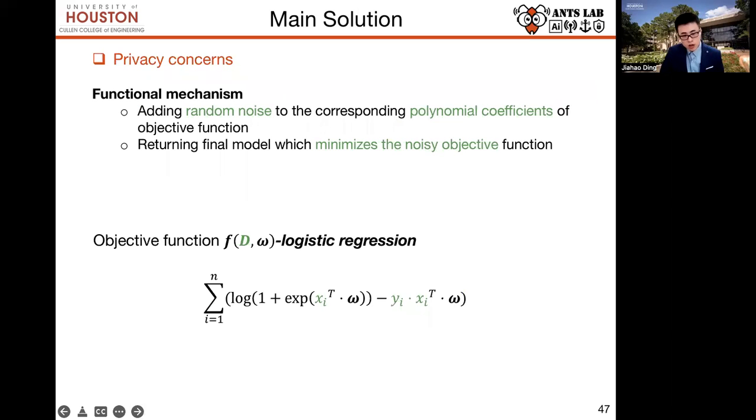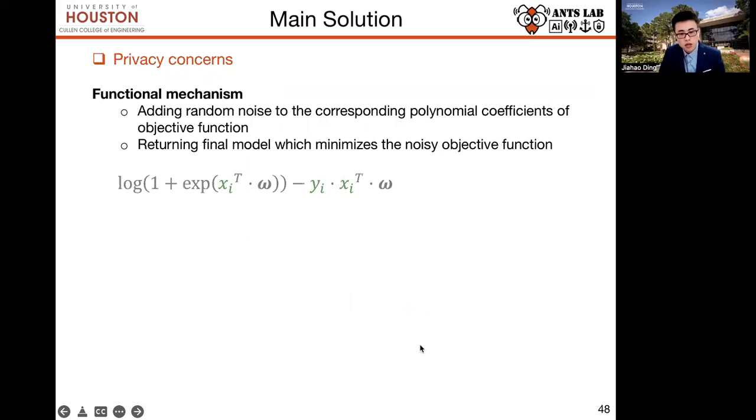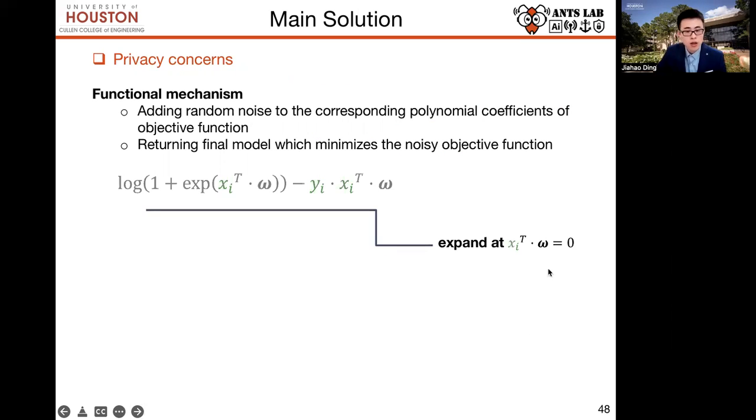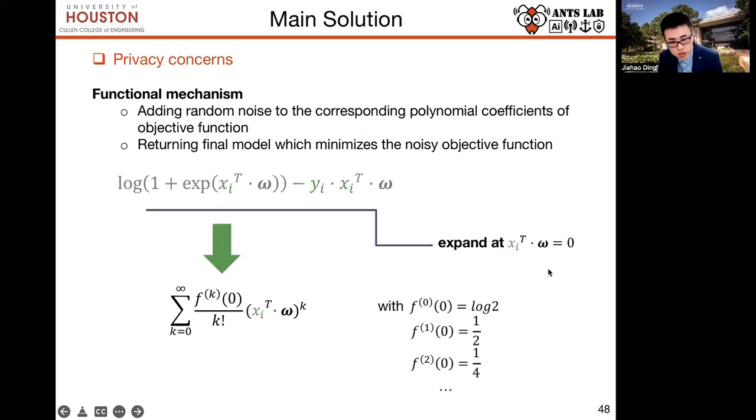For example, a logistic regression model is not a polynomial, so in order to use the functional mechanism, we first need to write a polynomial form of the objective function. We expand at this point and get the Taylor expansion with these coefficients.